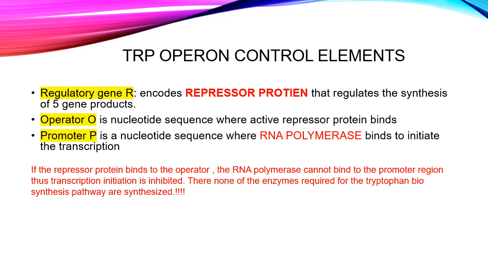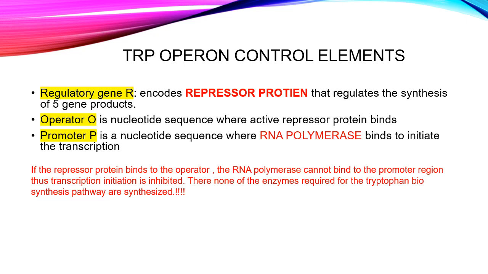So if the repressor protein binds to the operator region, the RNA polymerase cannot bind to the promoter region. This is a condition. So when the RNA polymerase cannot bind to the promoter region, the transcription cannot get started.